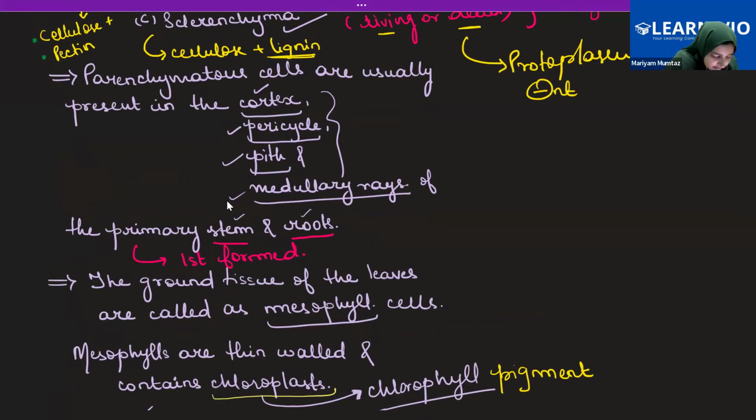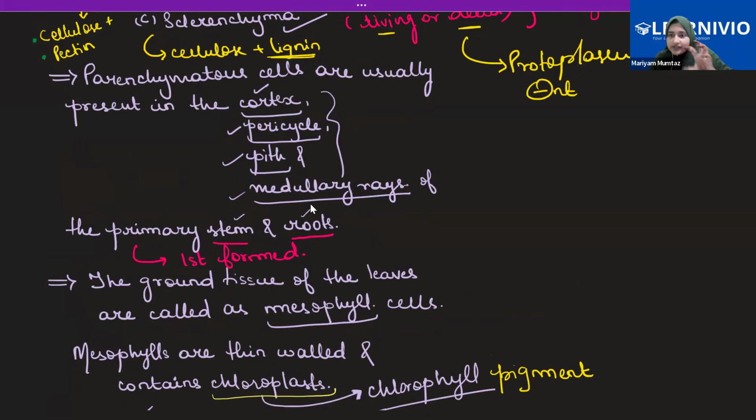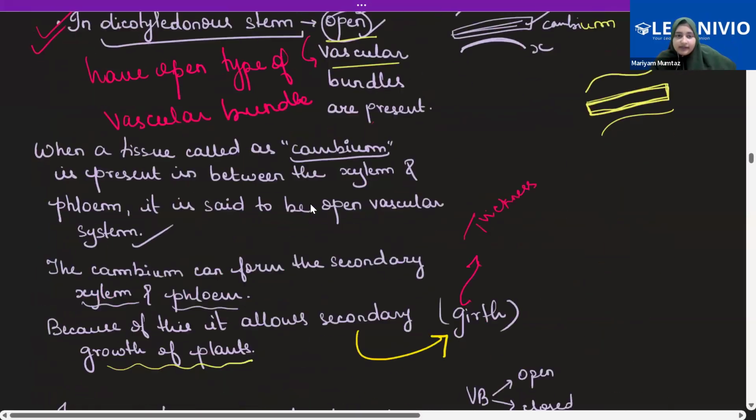They've only written that part. So, cortex, pericycle, pith, medullary rays. For now, understand it as it is. These are certain regions that are found in the stem.